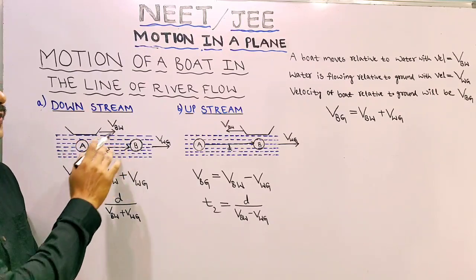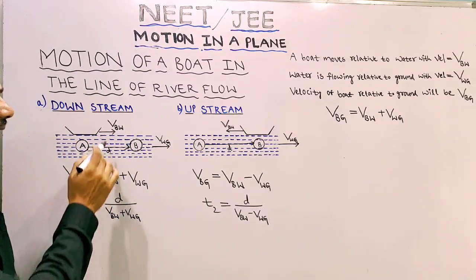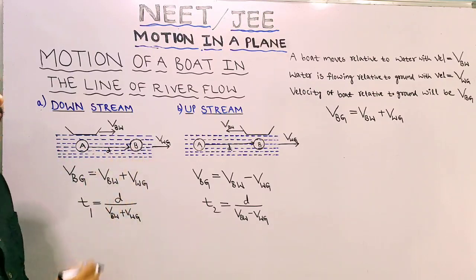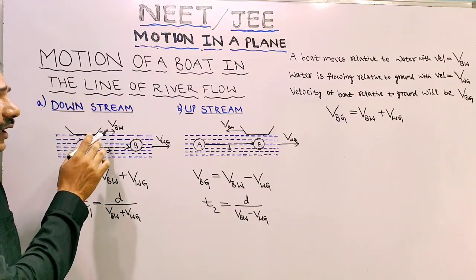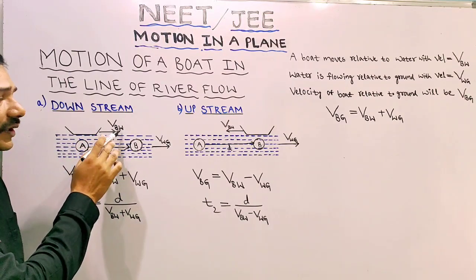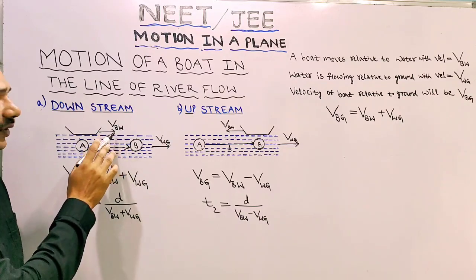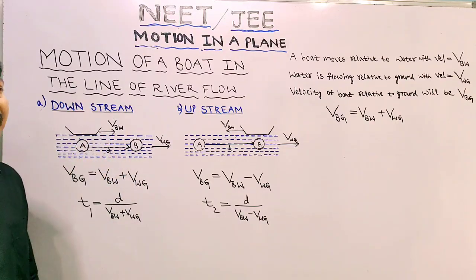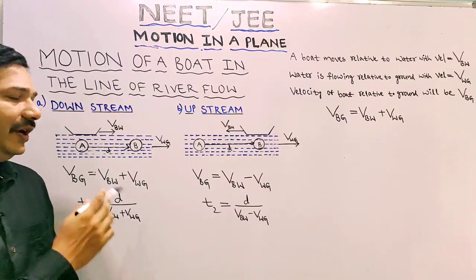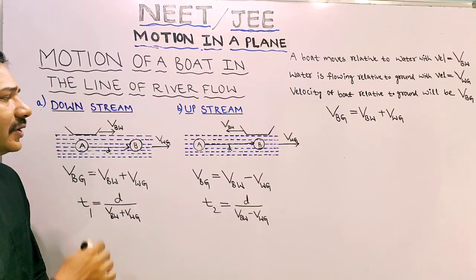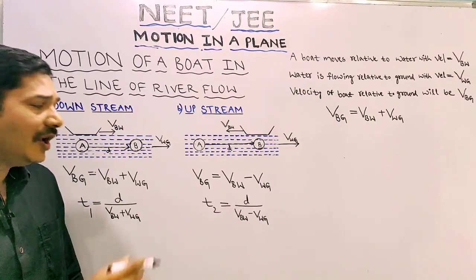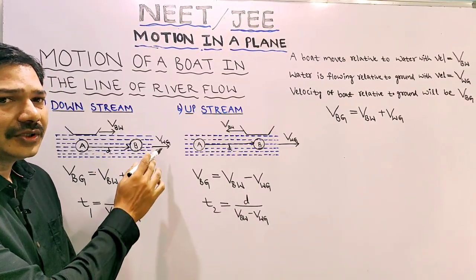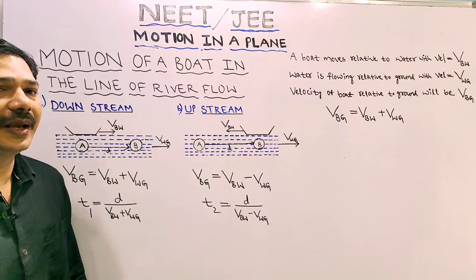Here observe the boat velocity. The boat is moving relative to the water, so we say that is VBW, the velocity of the boat with respect to the water. The flow of water with respect to the ground is called VWG.